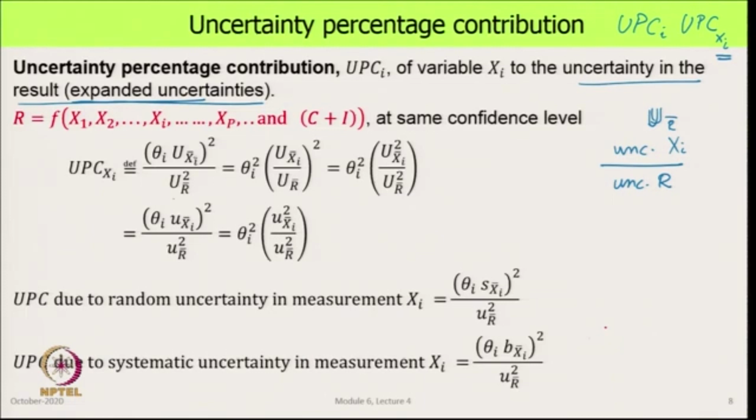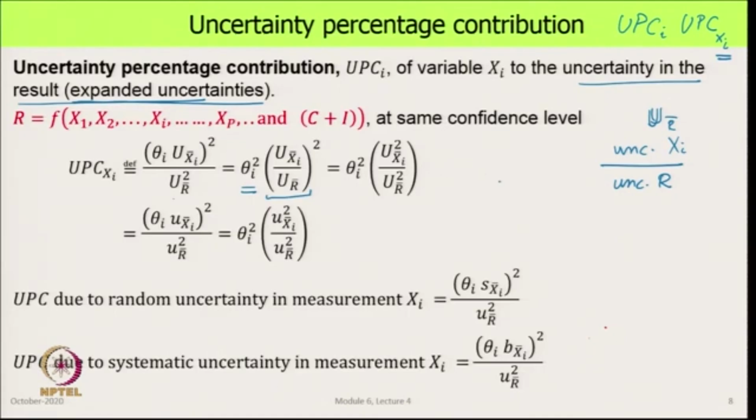So, the definition is theta I U x I bar, this whole thing squared, upon U r bar square, which can be written as the sensitivity coefficient comes out, and then we have a ratio of combined uncertainty in the measurement to combined uncertainty of the result. This whole thing is squared, or square of the ratios of these two.